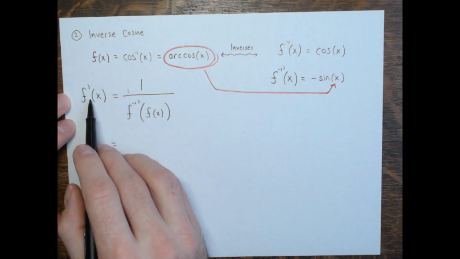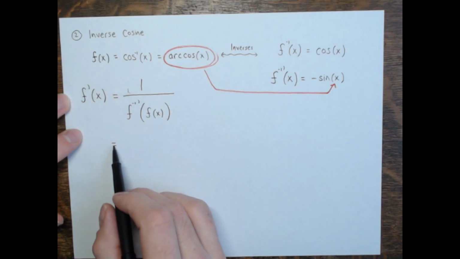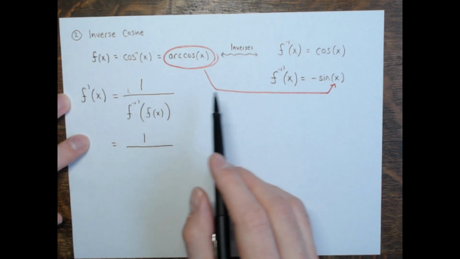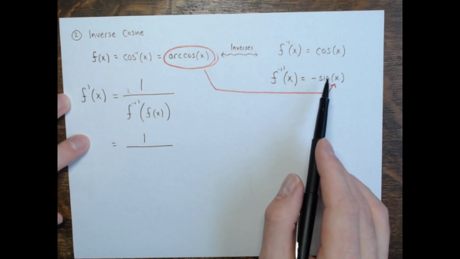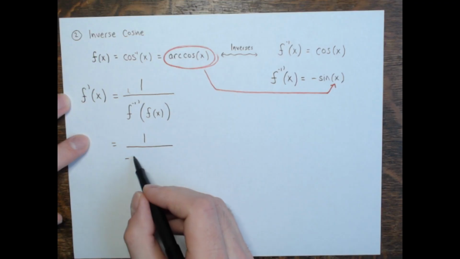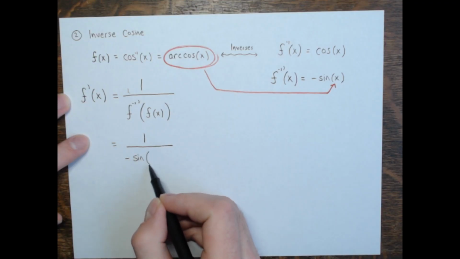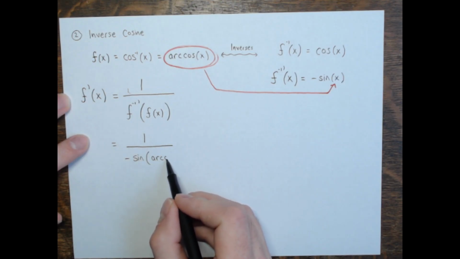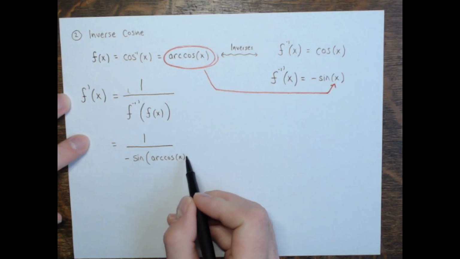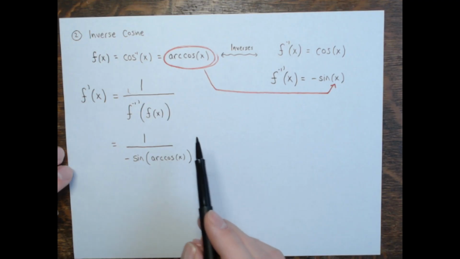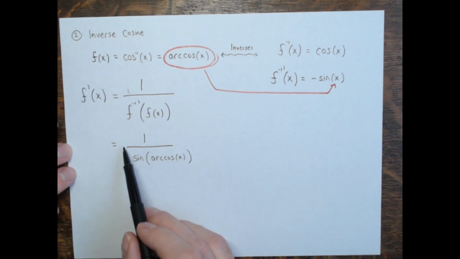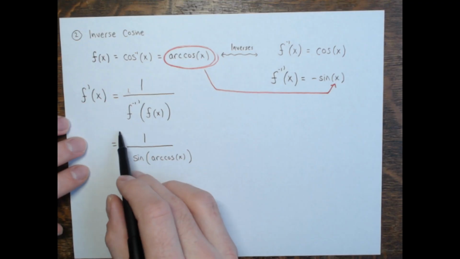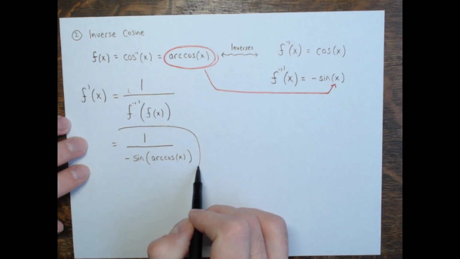So the derivative of the inverse cosine function is going to be 1 over the derivative of regular cosine, so negative sine, with the inverse cosine put inside. So arc cosine of x or inverse cosine of x. And I'm going to put this negative up top, but still, this is perfectly valid.